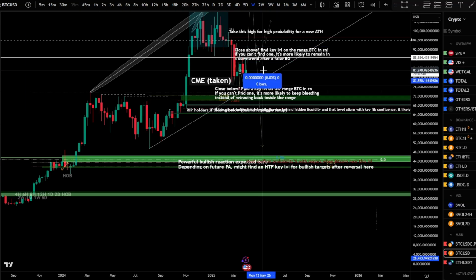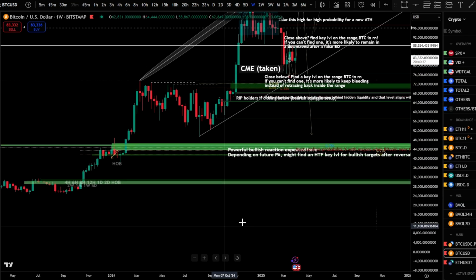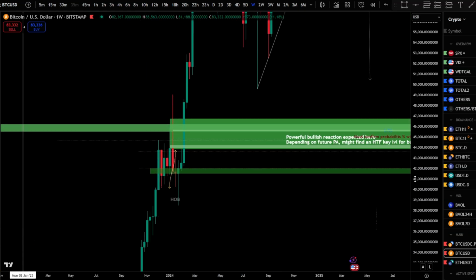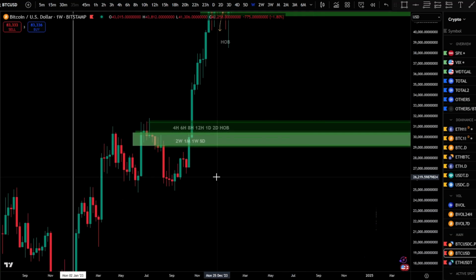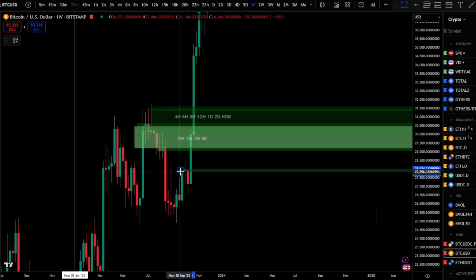Actually, see underneath. Yeah. It's actually the 30K level. It's quite interesting to see. Quite an interesting confirmation. I would also mark this one a bit.